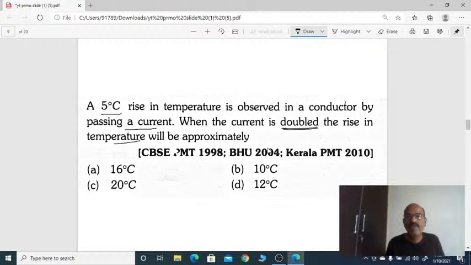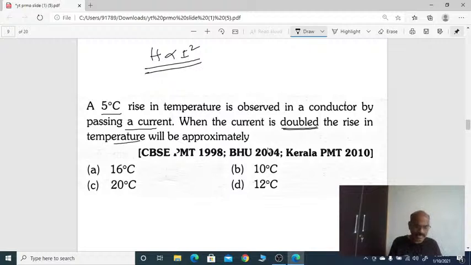Yes, very good. Absolutely correct. Because we know that whenever we pass current through a conductor, the heat is directly proportional to I square.